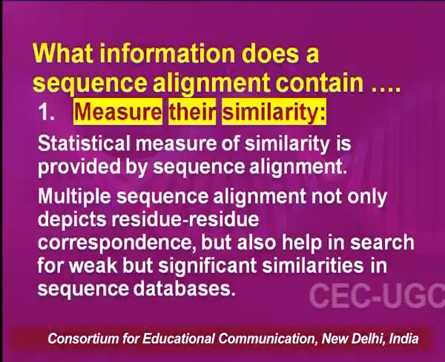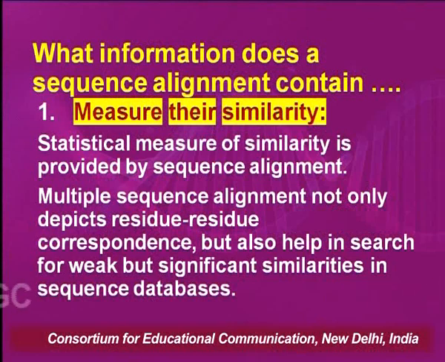I just showed you the result of a sequence alignment, and I will now try to tell you point-wise what information we can gather from it. First, we will have a statistical measure of the similarity provided by the sequence alignment that I showed you in the previous slide, and not only does it tell us about the measure of the similarity, it also tells you where it is weak and where it is strong, the resemblance or the similarity.